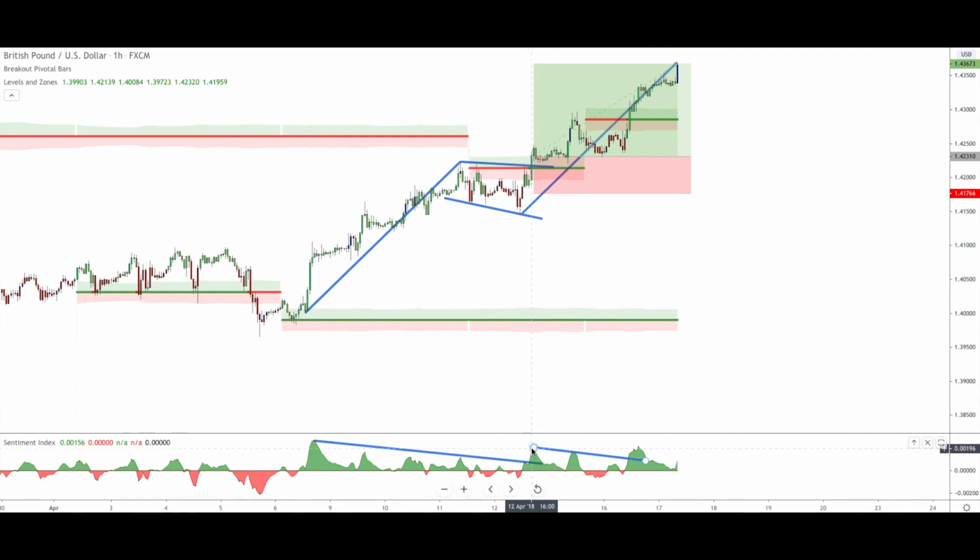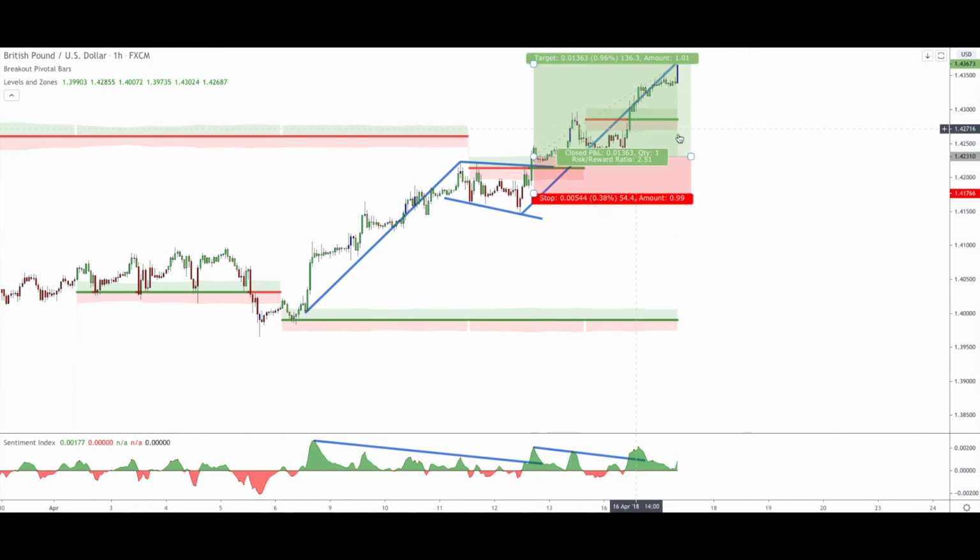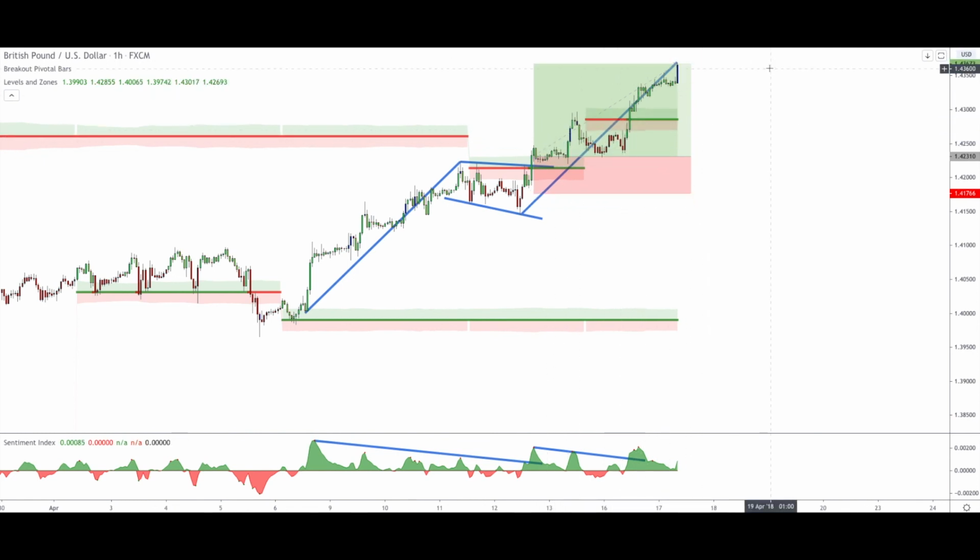The same applied with the sentiment index, which broke up at the very same time. So everything was confirming this impulsive movement. The price kind of moved a little bit sideways for a couple of days, and then it finally made the final movement. So we reached the target.